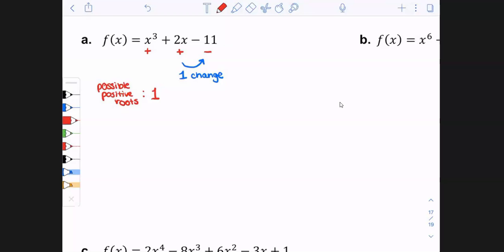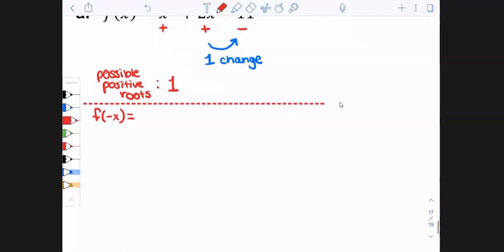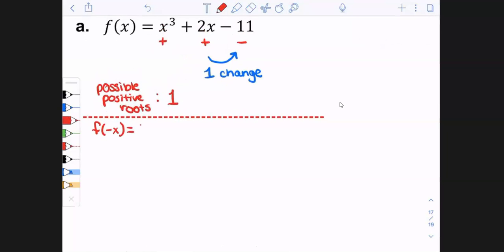Then our possible negative root, let me draw a line here, we're going to kind of draw small here too. Possible negative root, now you take f of negative x instead of f of x. So anytime you see an x in the original equation, instead put a parenthesis negative x to the third plus 2 times negative x minus 11.